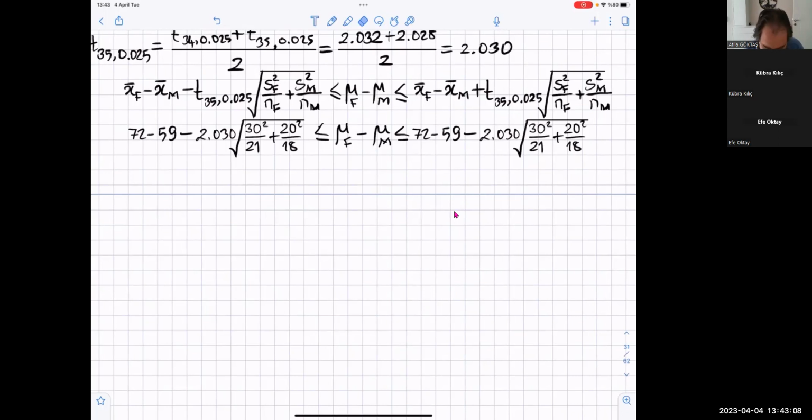Yeah, the lower bound is, I'm mistaken here, minus 3.37 64, and this is mu female minus mu male. The upper bound is 9.37 64.